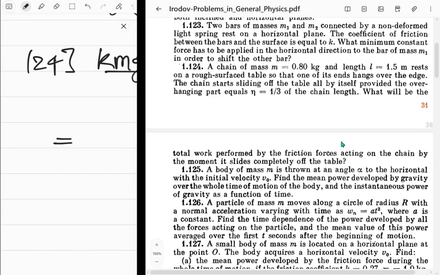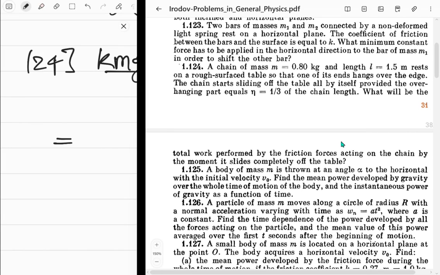You don't know how to figure out the kinetic energy change unless you figure out the friction, and you can't figure out the friction unless you know K. This is just not doable. Oh God.